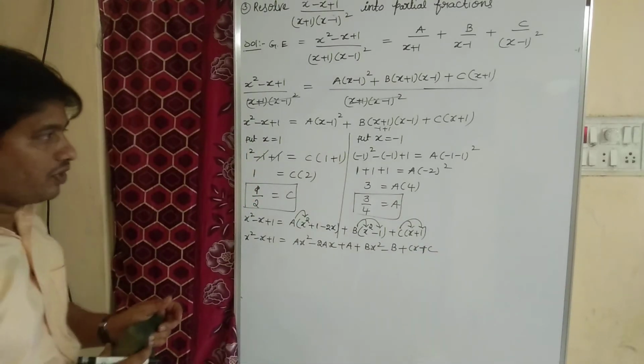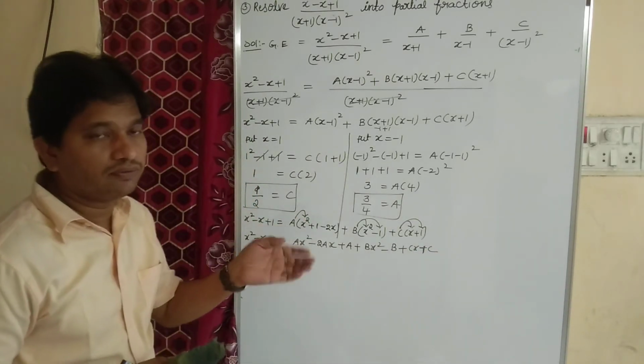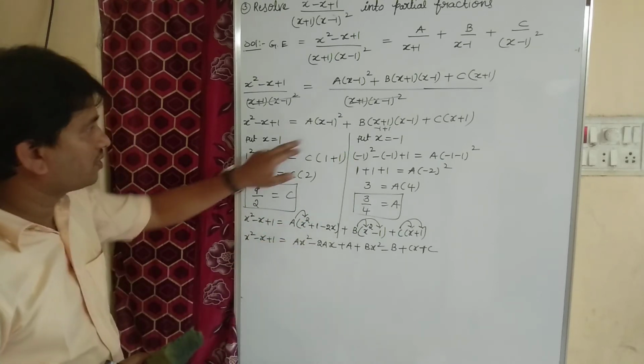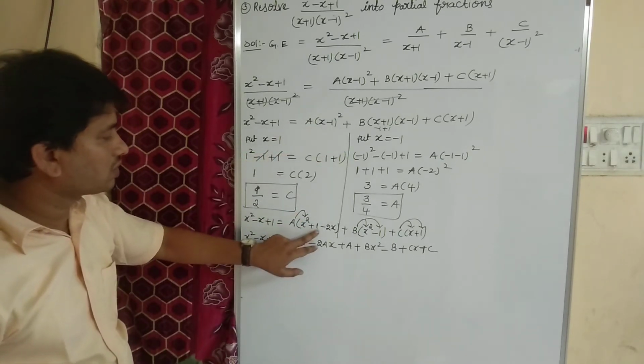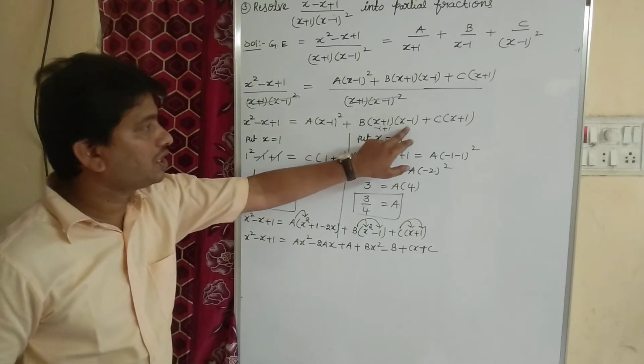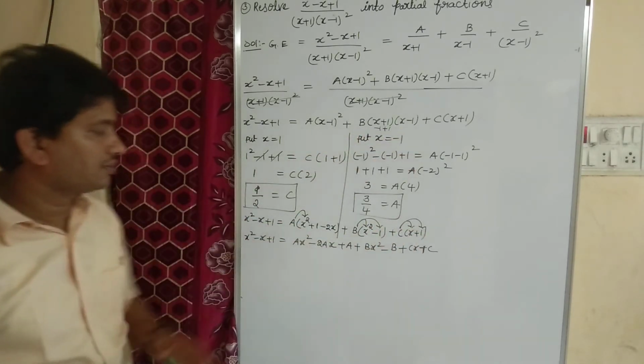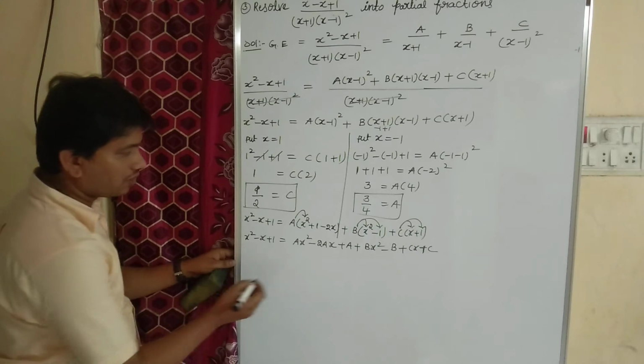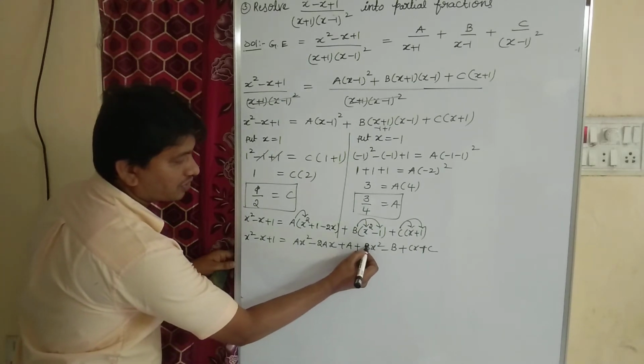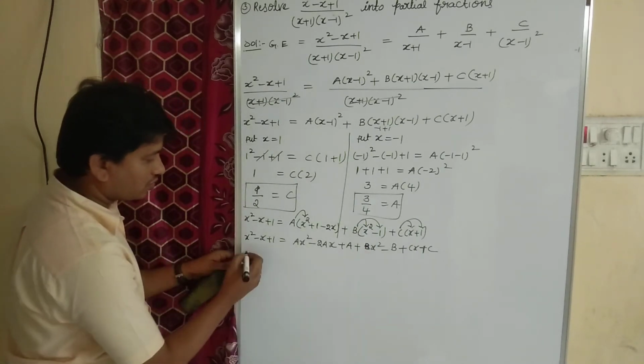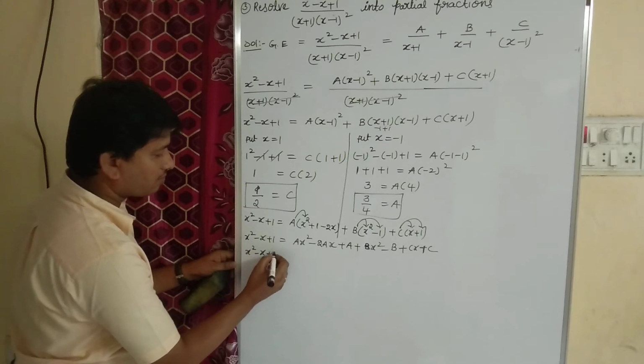Is it clear, children? We don't know the value of b. For finding the value of b, we are doing this. What I did? A into the a minus b whole square formula, b into a plus b into a minus b, c as it is. Now, here b consists of the coefficient of x square, right? So x square minus x plus 1.